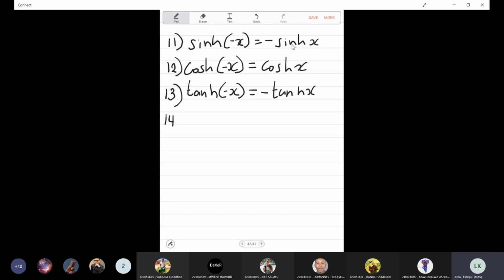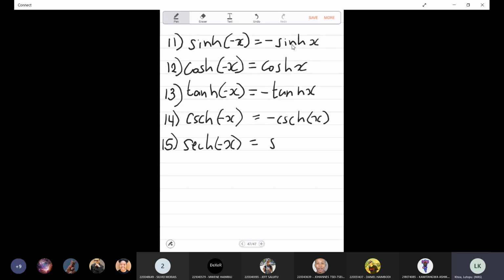And cosec hyperbolic is odd because it's just the reciprocal of an odd function. Okay, the brackets are not necessary there. And then hyperbolic sec is even because it's the reciprocal of an even function. And then cot is odd because it is the reciprocal of an odd function.